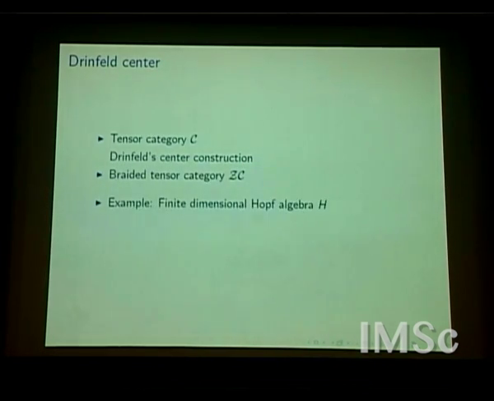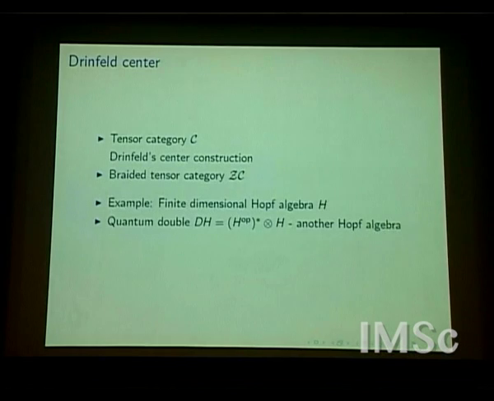For example, if we take a finite dimensional Hopf algebra, there is a construction of the quantum double. The double of the Hopf algebra is defined in this way: dH is the double of H, and you take the tensor product of the dual of H and H itself, where op means the opposite algebra, and dH turns out to be another Hopf algebra, with an algebra structure and co-algebra structure and so on.